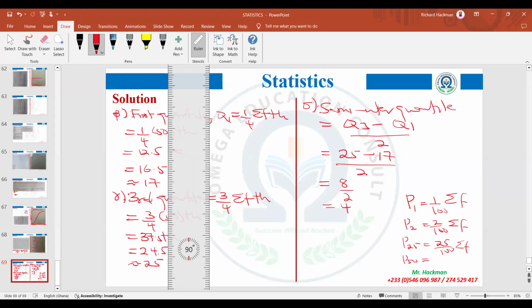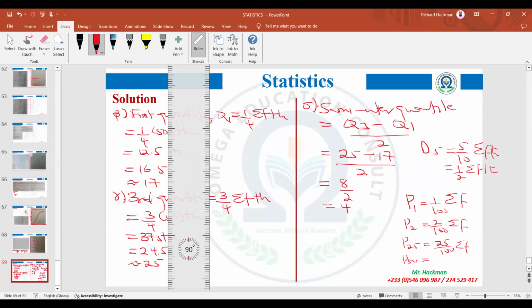If you are asked to find the fifth decile, it's the same as being asked to find the median, because the fifth decile will be equal to 5 over 10 of sigma F. So 5/10 will give you 1/2 of sigma F. And don't forget you need the position before. Is my point well made? Yes, please. Okay, very good.